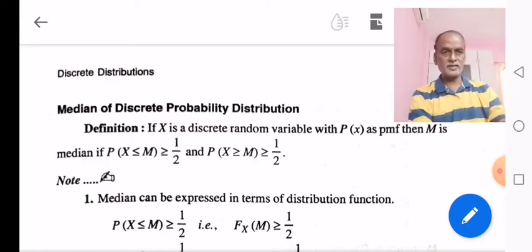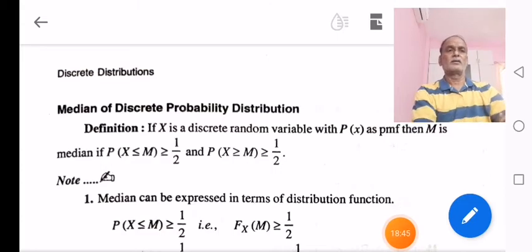In probability theory, we can find the median by using the definition. If capital X is a discrete random variable with PMF px, then m is the median if two conditions are satisfied.